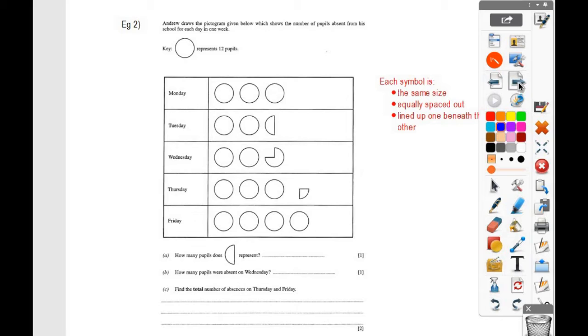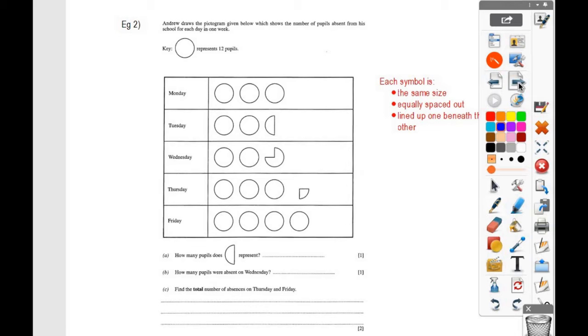In this second example, Andrew draws the pictogram given below, which shows the number of pupils absent from school for each day in 1 week. You can see again there's another key, and this time it's circles. Each pictogram question might have a different symbol representing various items.